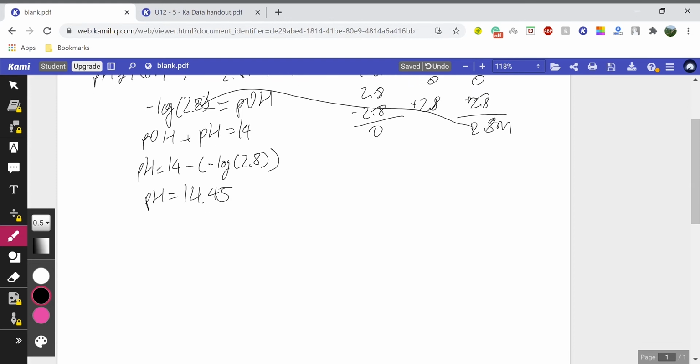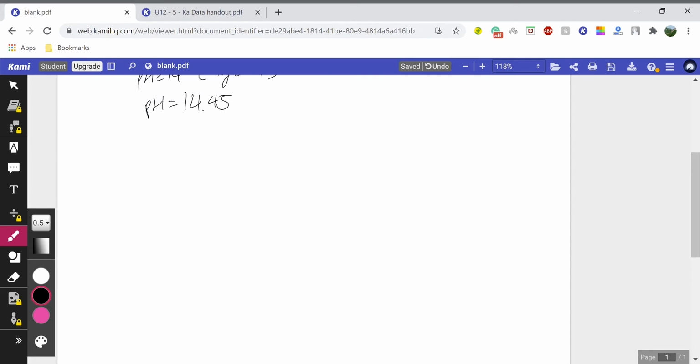Now, similar to acids, for weak bases we're going to use Kb. So for weak bases, our first step is going to be to find Kb. Let's say we have to find the pH of a 3.5 molar solution of N2H4. Let's first write the equation. N2H4 plus H2O.